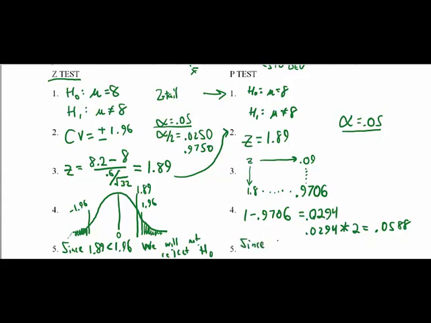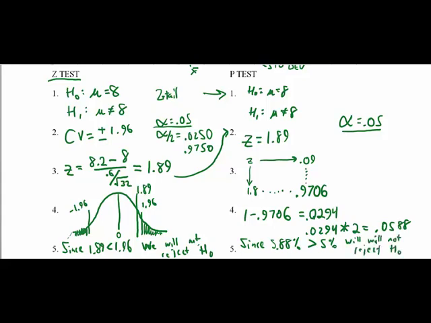So since 5.88% is greater than 5%, you also could have said since 5% is less than 5.88%, but really this way that I've written it is how you're doing your main comparison. Since 5.88% is greater than 5%, we will not reject the null hypothesis.